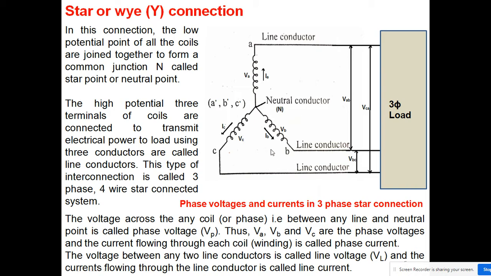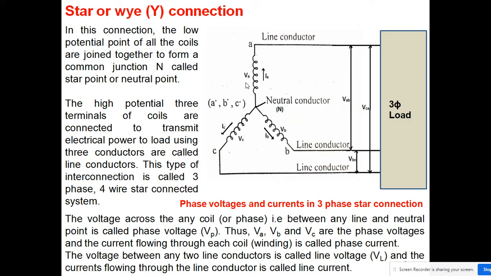What you can see here is the voltage across any coil, or we can say the voltage across the line conductor and neutral, is called the phase voltage.